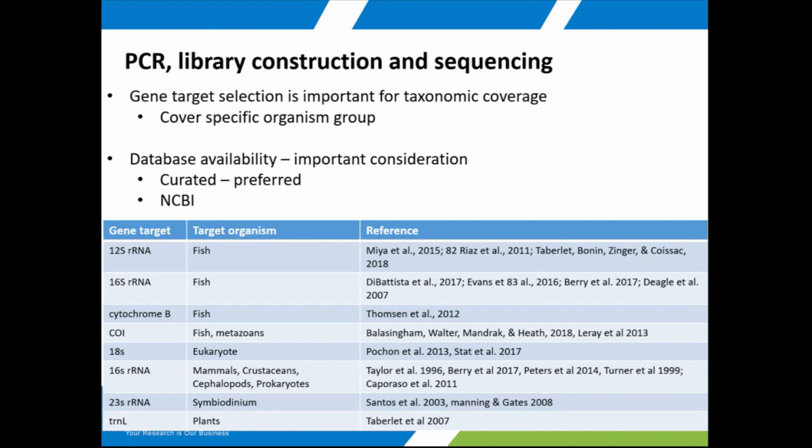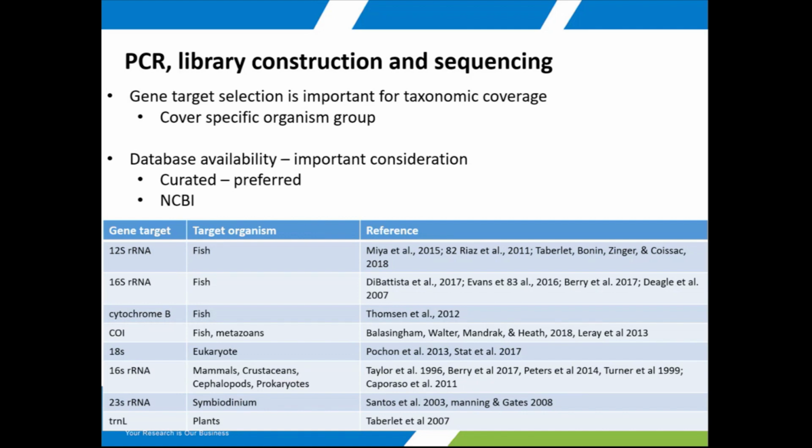Not only the gene target, but you also need to look into database availability. This is a very important consideration because, unlike bacterial amplicon sequence analysis, where we can always suggest going for 16S, and the 16S database has been well curated and well established, like the Silva database, for fish, eukaryotes and all these eDNA metabarcoding targets, the databases are still being built up, right?